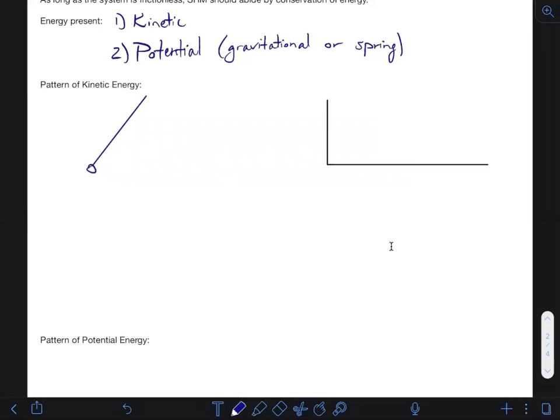So what we want to do is look at the extremes of each of these. Not only do I want to draw my pendulum when I've pulled it back, I also want to draw the pendulum right when it is swinging through its lowest point. And then I'm also going to try to draw this pendulum when it rises to its highest point on the other side.